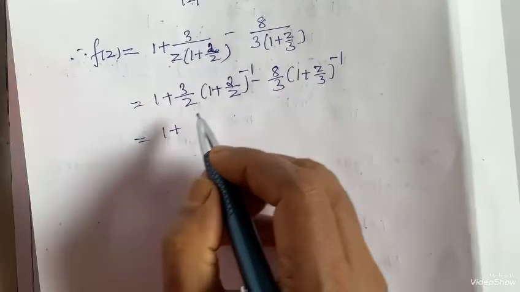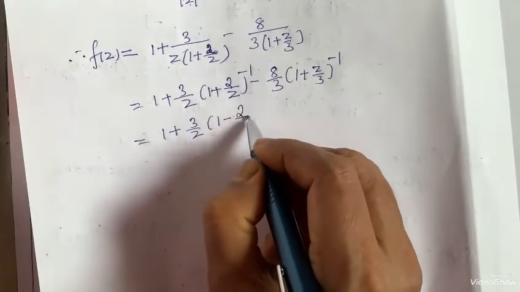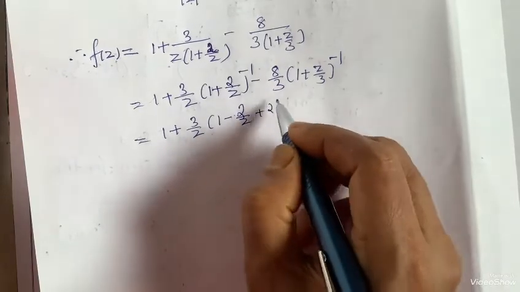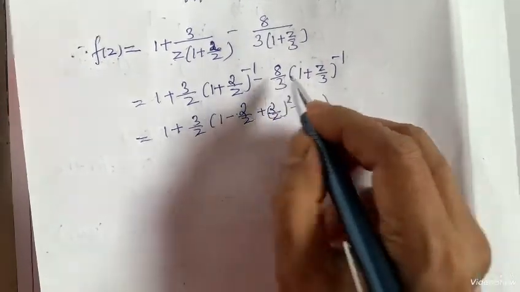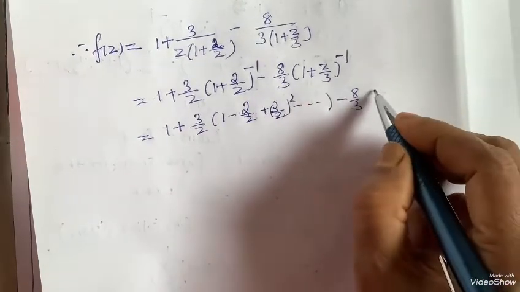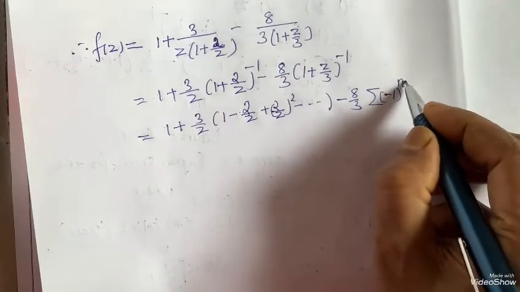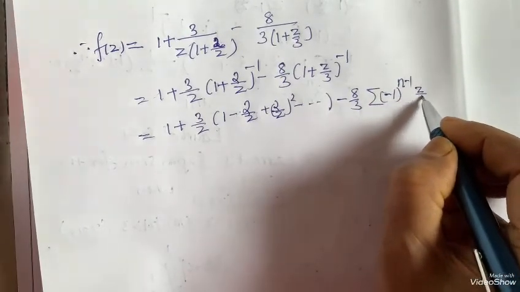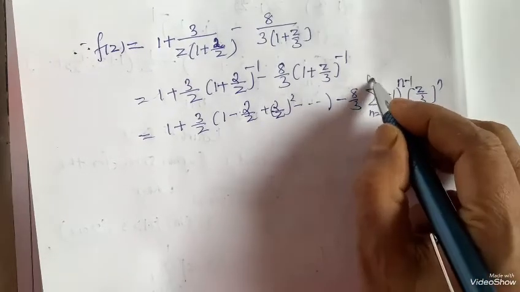1 plus 3 by z, 1 minus 2 by z plus 2 by z whole square minus and so on. This is the same as the previous one. So here I will write directly, as the second is the same: minus 1 raised to n and z by 3 raised to n, because you already solved it in the previous case.